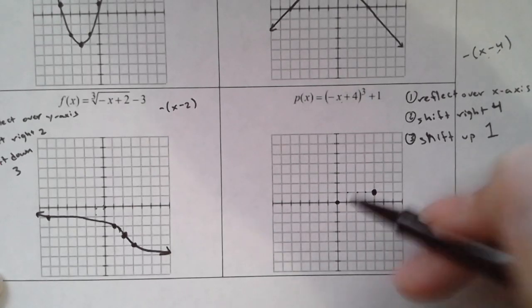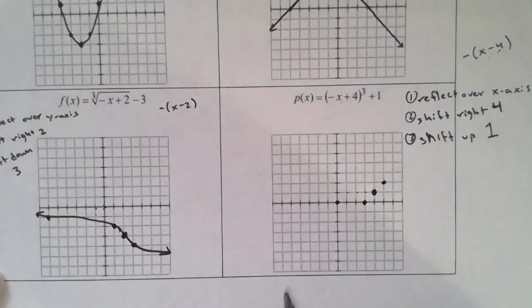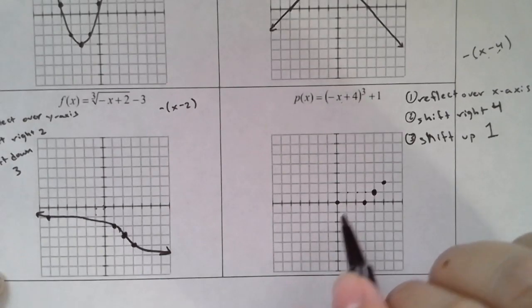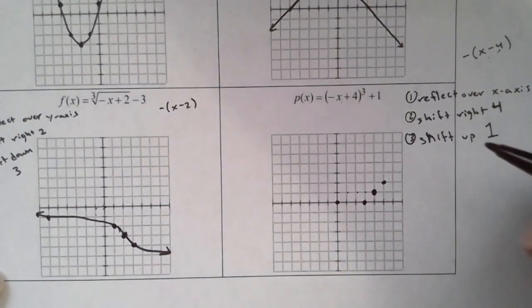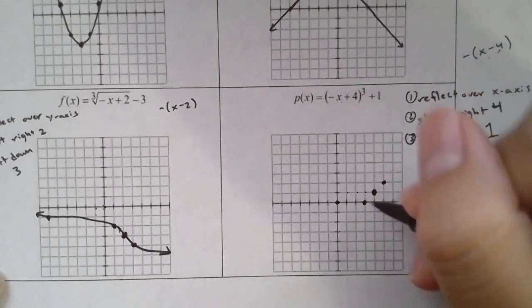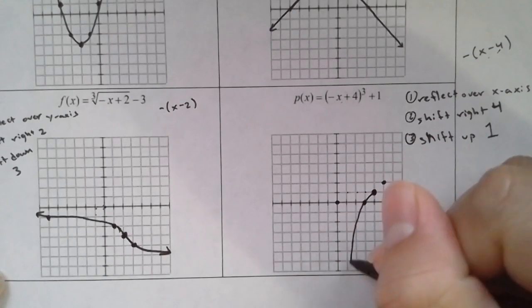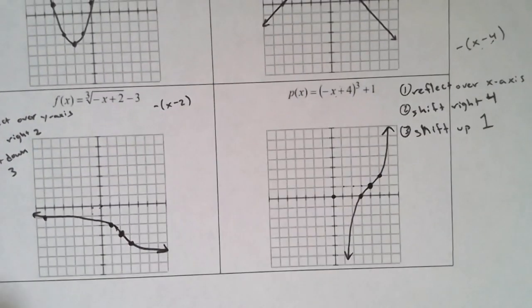Now they'll be here. Again, the transformation applies to every single point of the original one. After a while you'll start trusting it and you'll see that it checks out. So we can go ahead and sketch the rest of it from here. We know it's going to look something like this.